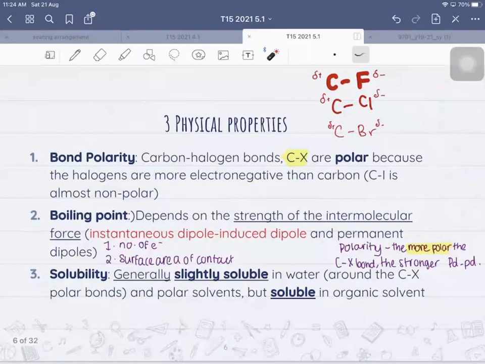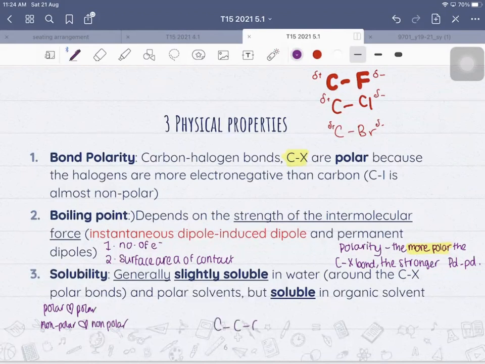Next physical property that we are going to look at is solubility. Same idea, polar loves polar, non-polar loves non-polar. Now, in the case of a halogenoalkane, for example, fluorobutane, how do we determine if this molecule is polar or not?